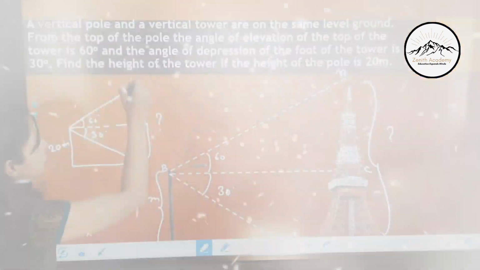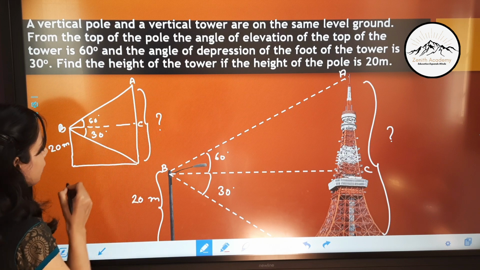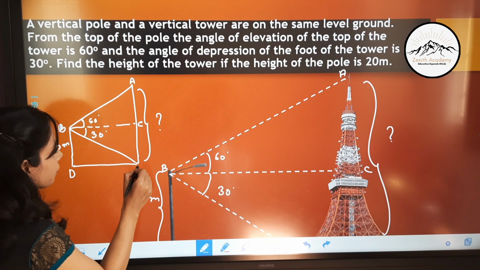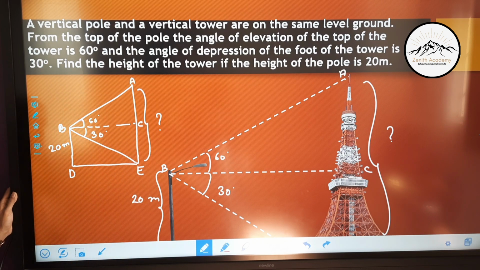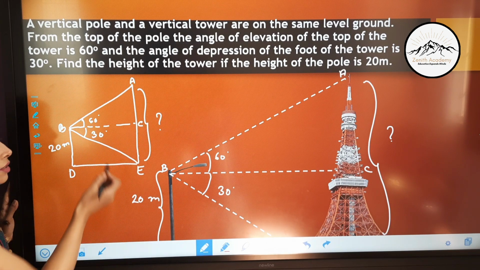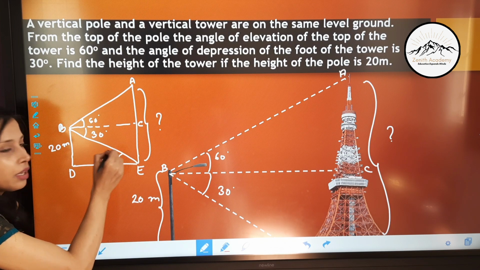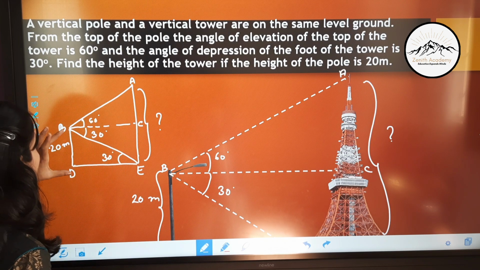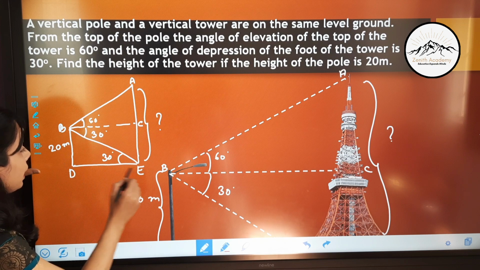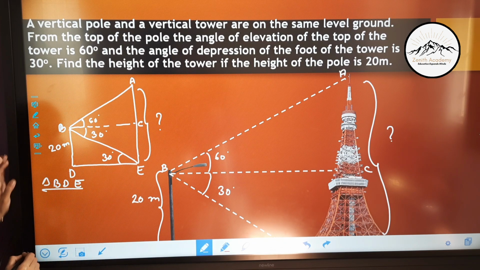So, let's mark these points A, B, C, D, E. Okay. So, this angle CBE is 30 degrees. This is our angle of depression. Our angle of elevation will be equal. Okay. So, now for this triangle, triangle BDE, what we have?